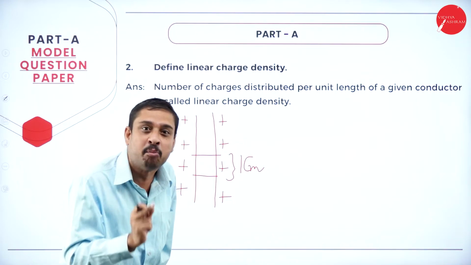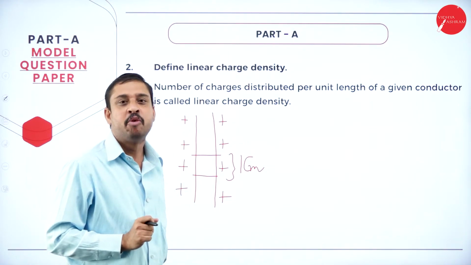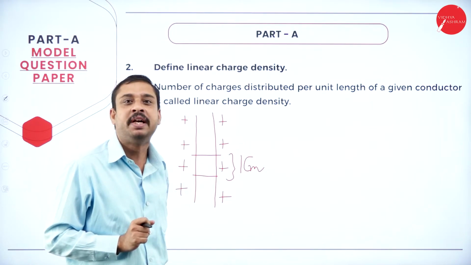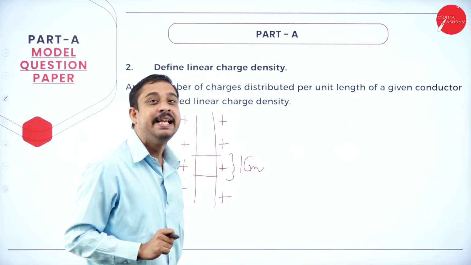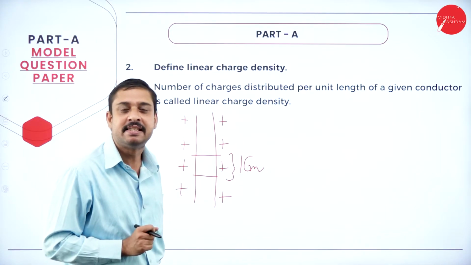And the number of charges present around that unit length is what we call linear charge density.